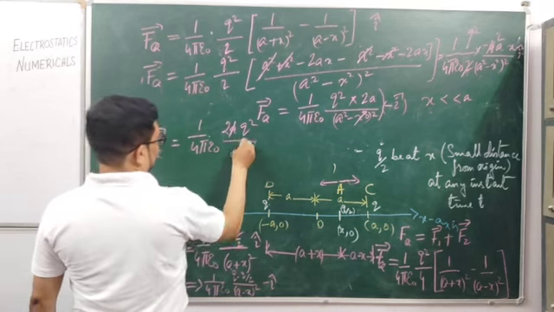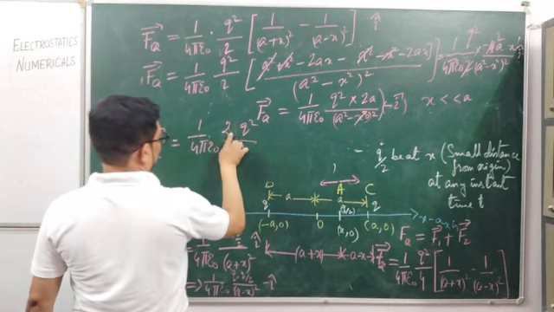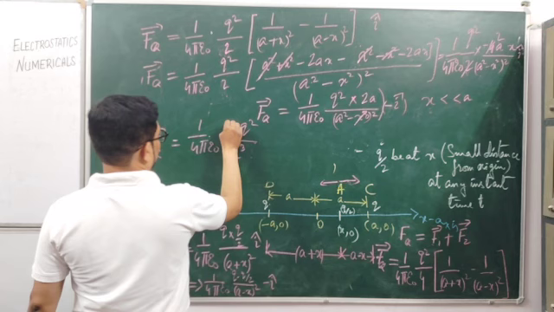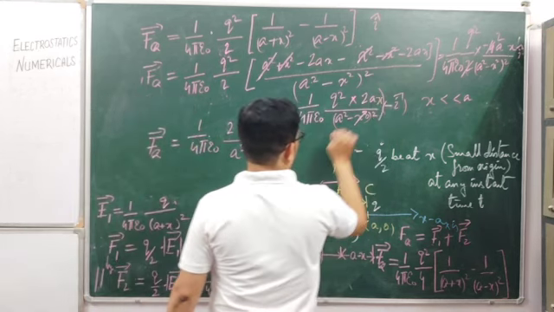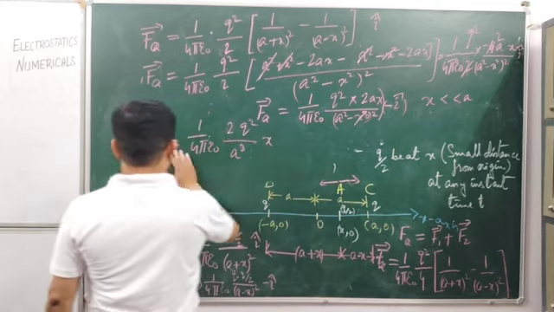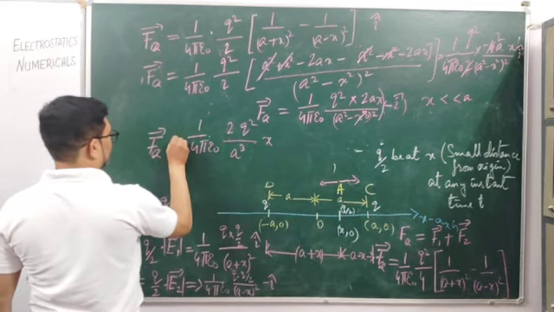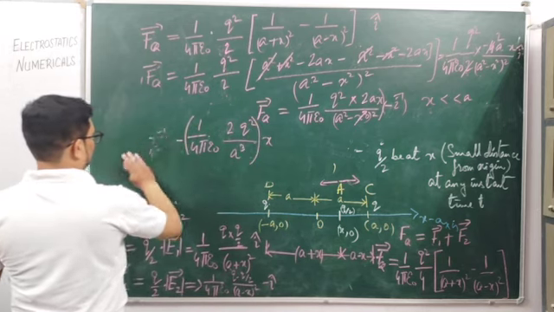So this a and this get cancelled. So in the denominator, it is just a cube. So we are left with just 2q squared, and then x is also there. So we'll write x here. And minus. Entire thing is equal to this.